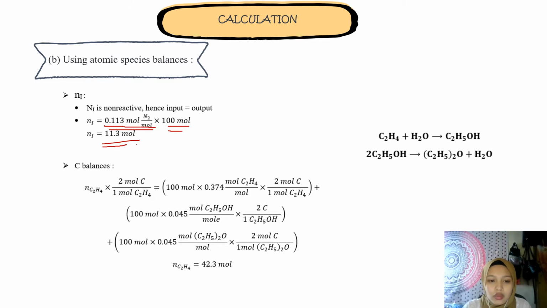To find the number of moles of ethylene, we can use the C atomic balance.